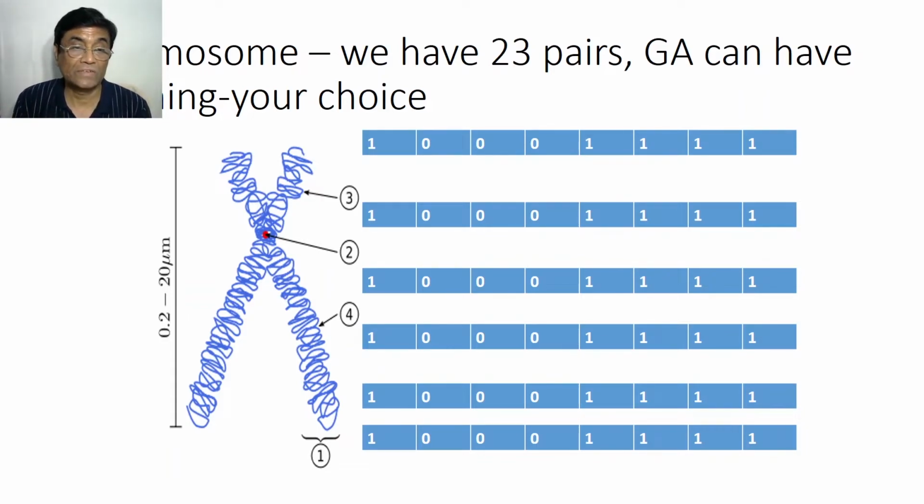Now there is a concept called chromosome, which is more modern, and in case of humans, we have 23 pairs. In a genetic algorithm, we can design the chromosome as per our desire, but in natural evolution, it cannot be, right? If it is anything but 23 pairs, then it will not be a human being anymore. Okay, so a chromosome looks like this.